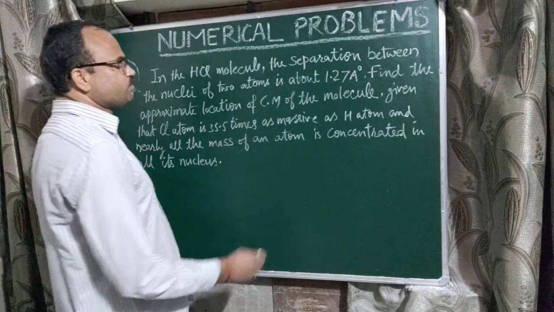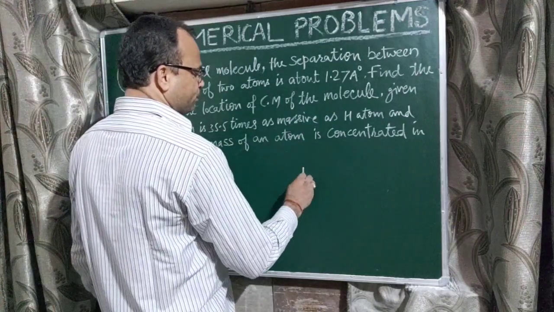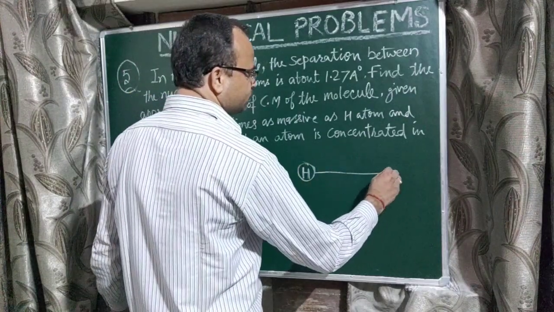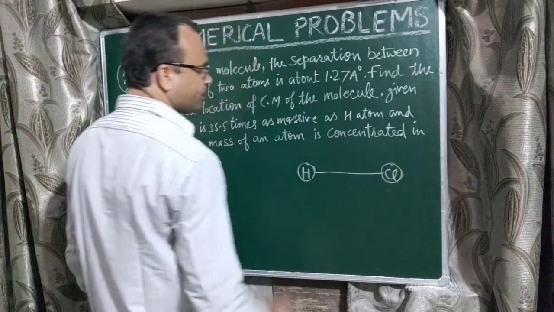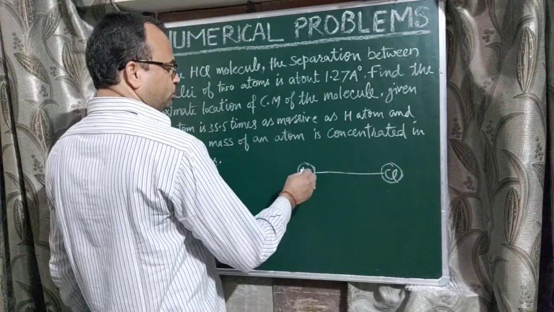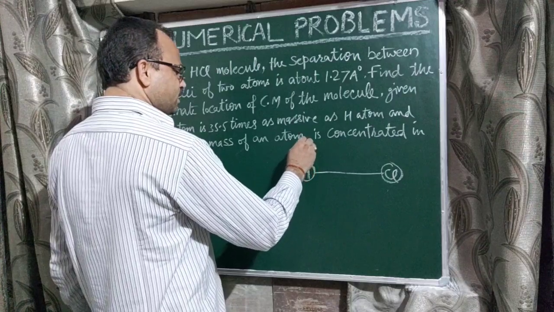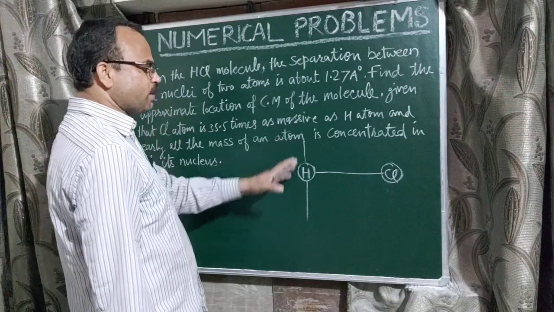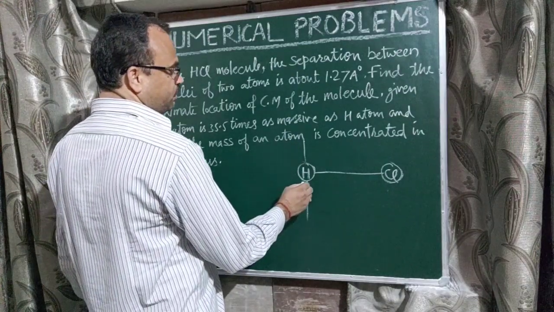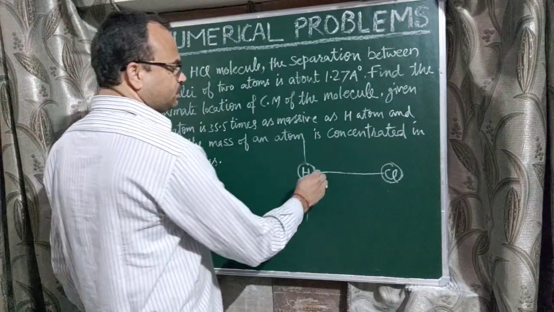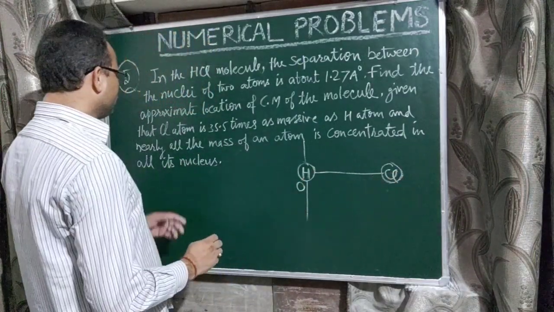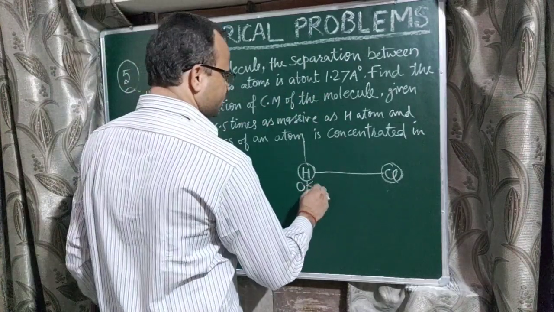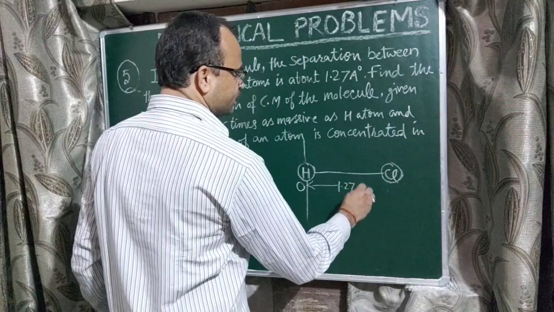First we make the HCl molecule. Suppose this is the H atom and this one is the Cl atom, and the axis passes through the hydrogen atom. Let us suppose the axis passes through the hydrogen atom, so it is the origin, and the separation between hydrogen and chlorine atom is 1.27 angstrom. It means this distance is 1.27 angstrom.